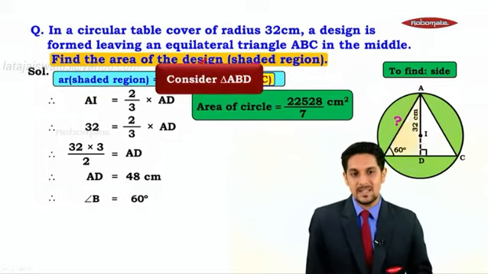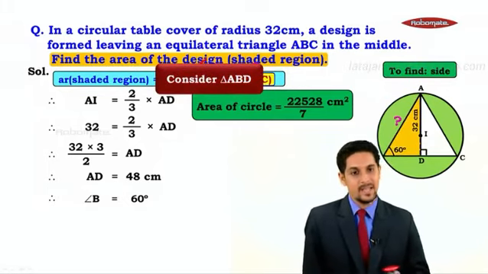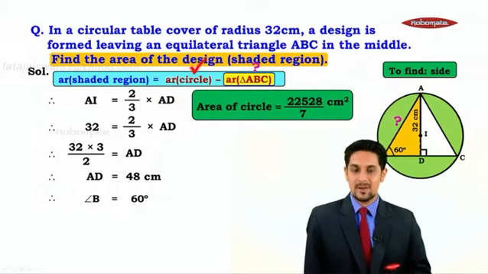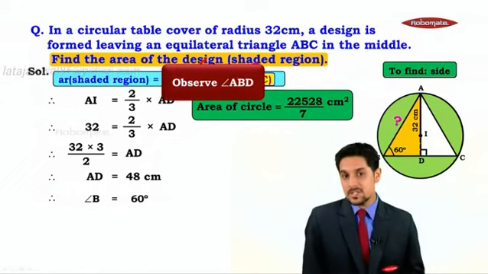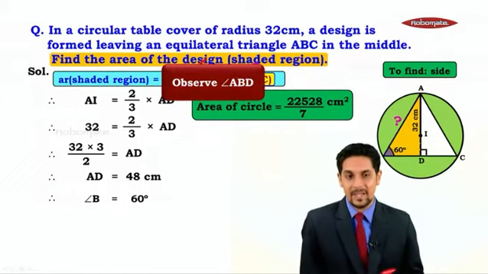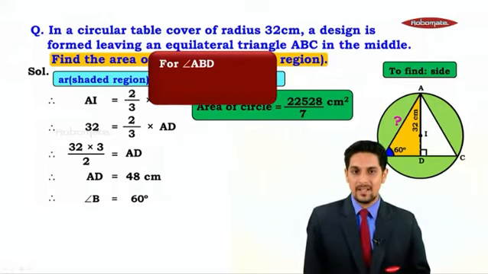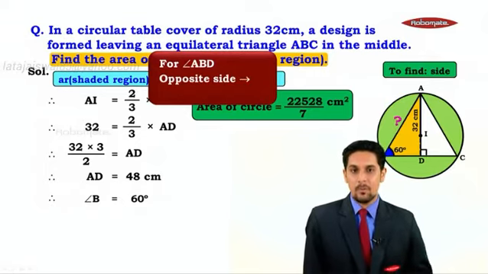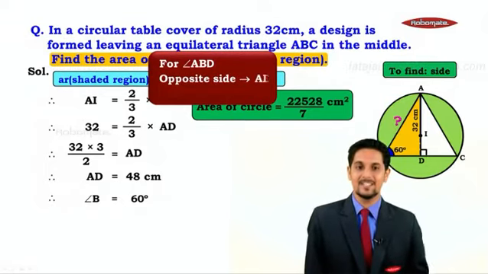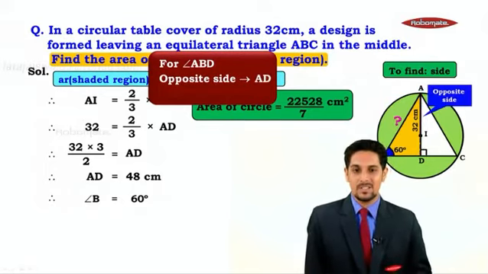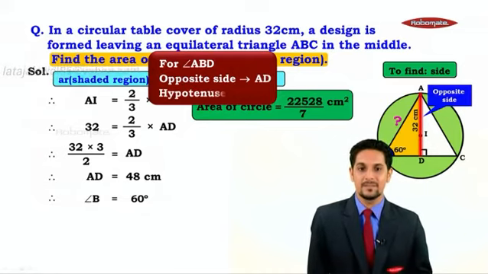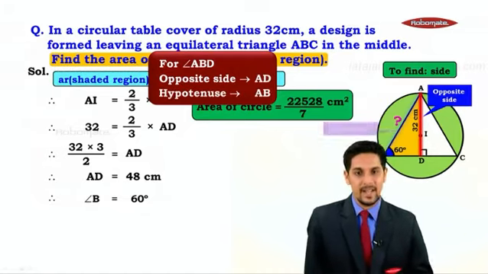Now students, let's consider the right angle triangle, that is triangle ABD. Now in this triangle, we are going to observe the angle ABD, that is angle B. Tell me, for angle ABD, what is the opposite side? Yes, it is AD. And tell me, what is the hypotenuse of this triangle? Yes, it is the side AB.